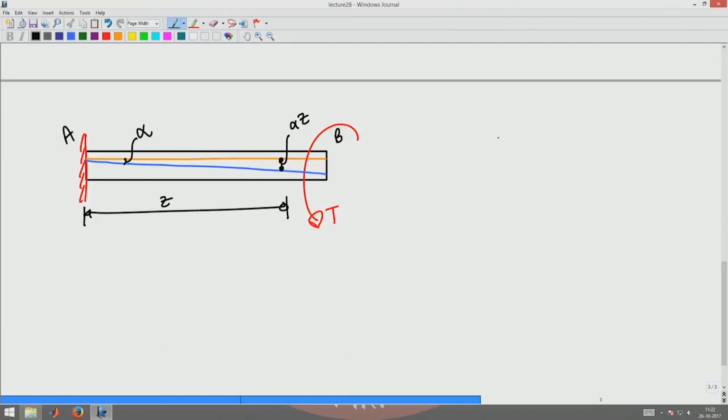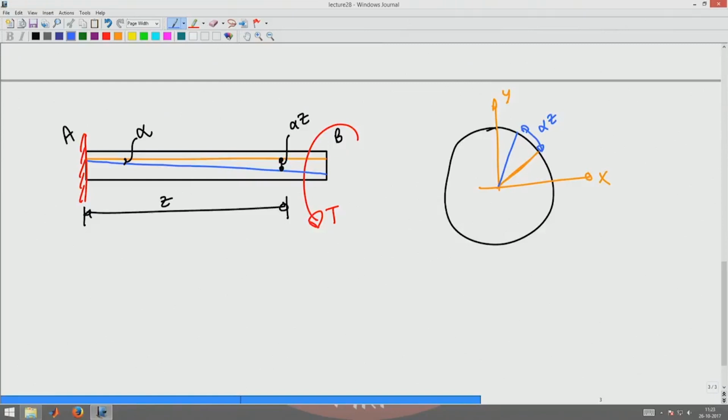Now let's look at the cross section. I have some arbitrary cross section with x and y in the cross section. This is the surface of the cross section, what you see as the elevation. So a line element rotates, where this rotation is alpha times z.